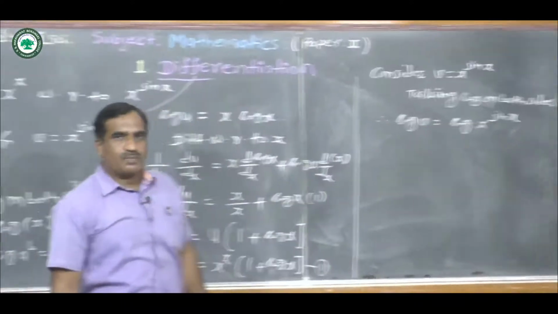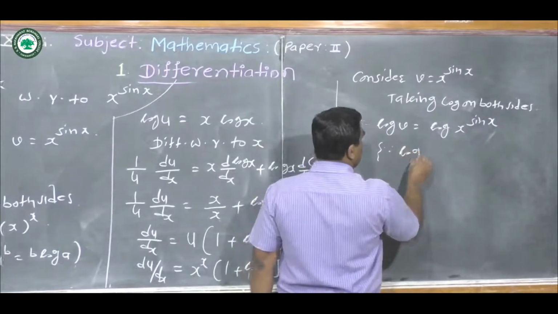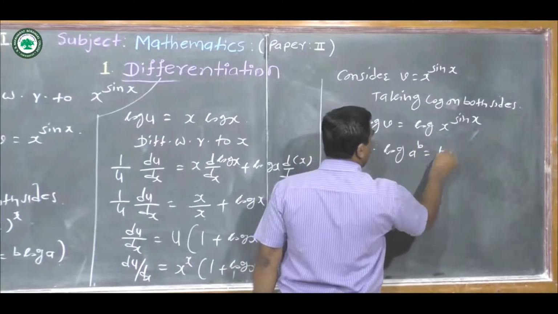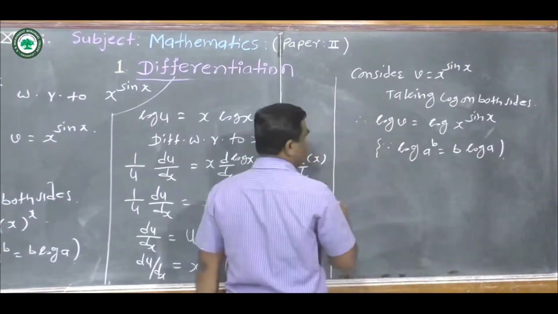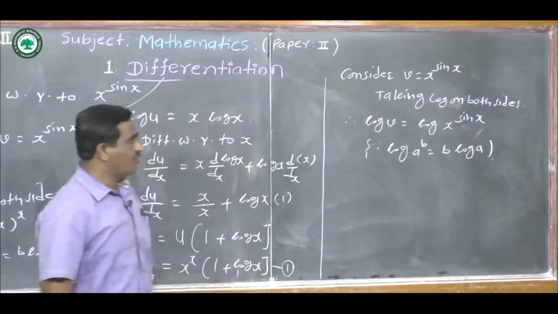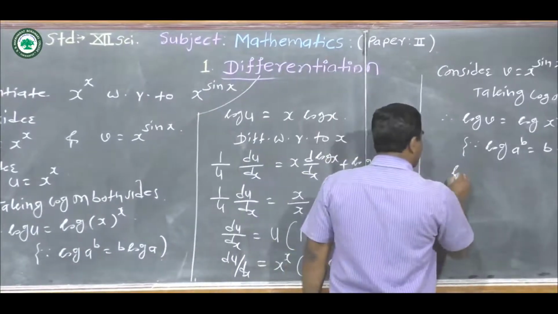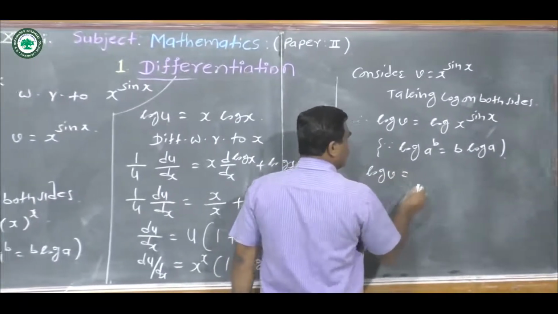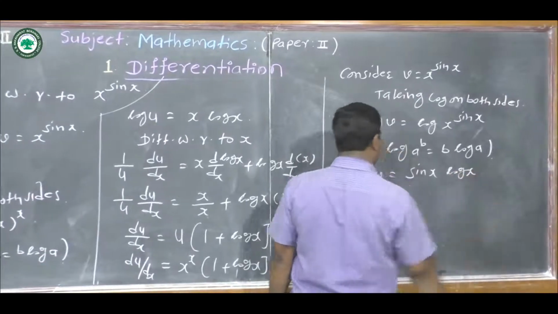Again use the third rule of logarithm, that is, since log a raised to b is equal to b into log a, therefore we can write the value of log of x raised to sin x by using the formula sin x into log x, that is, log v is equal to sin x into log x.